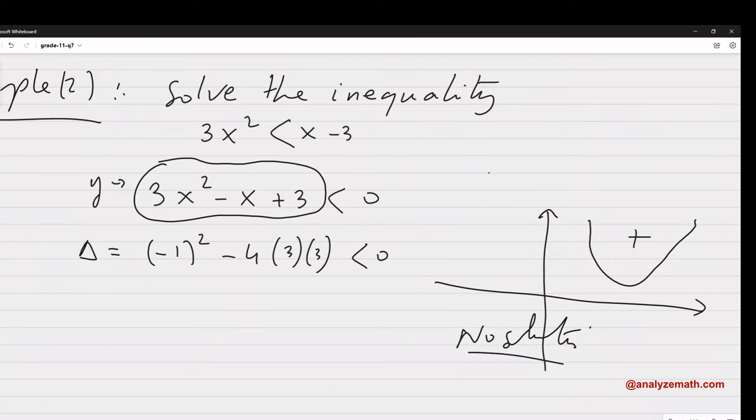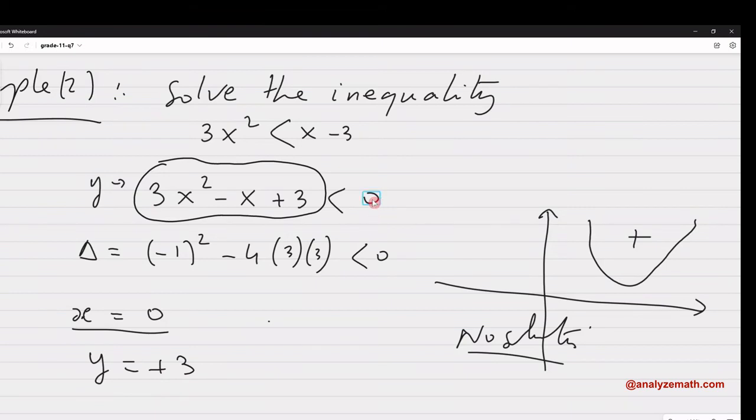How do I do this algebraically? Algebraically, it's very simple. I take one test value, for example 0, because it's easy to do. I substitute x equal to 0 into this expression, which I call y, and then when you put 0 here, it's a plus 3.